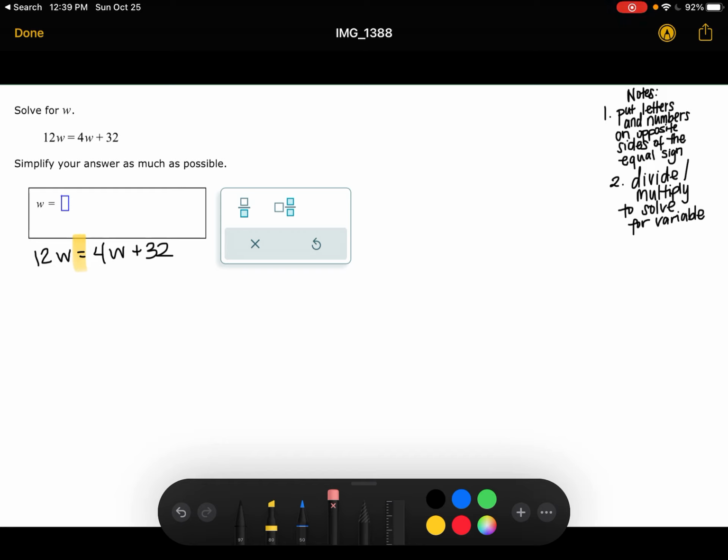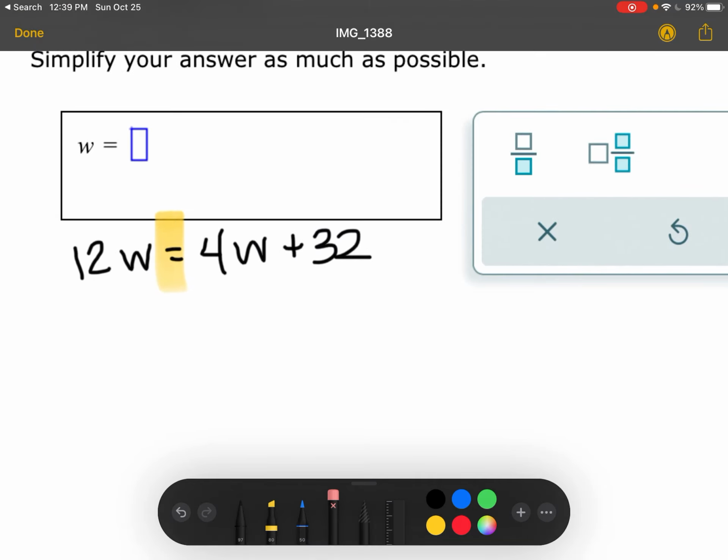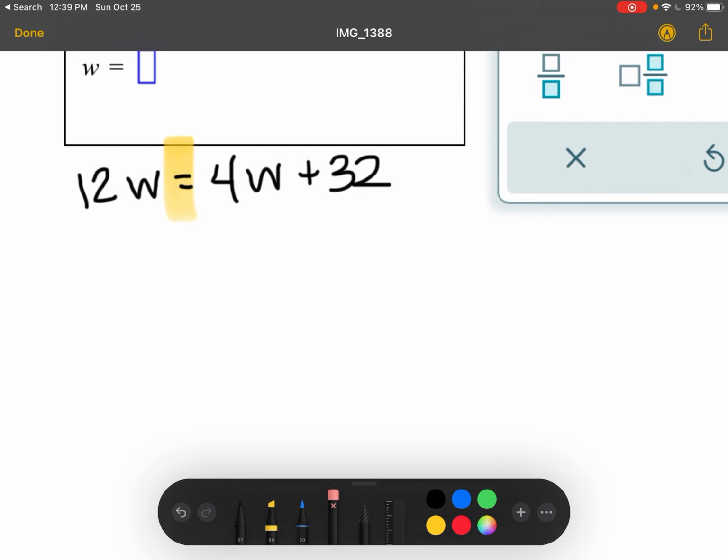So number one, put the letters and numbers on opposite sides of the equal sign. All these little rules I've been talking about, this is what you need to do. So if I have 4W over here and 12W, these are my letters, my variables. I'm going to try to always keep these positive.